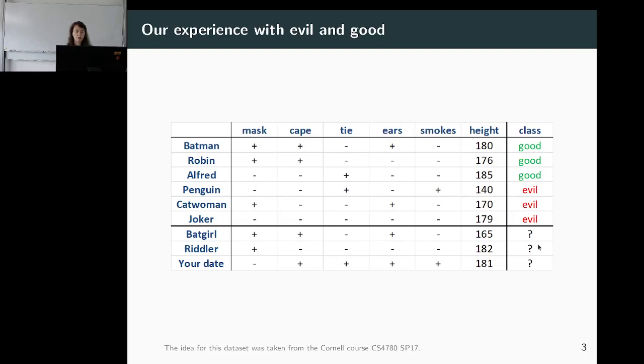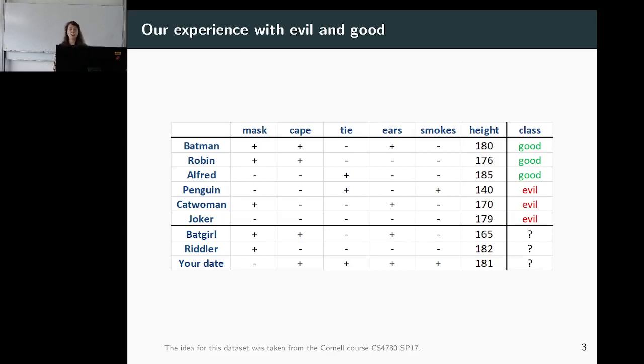So this is the database for this. Our experience is we will ask for these 6 attributes: if the person wears a mask, if they wear a cape, if they wear a tie, if they have pointy ears, if the person smokes, and then we will measure the height and see which height the person has.